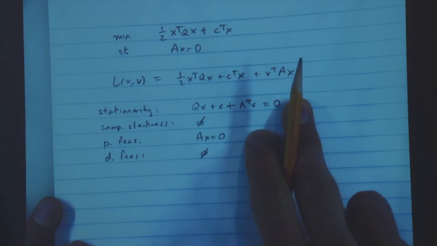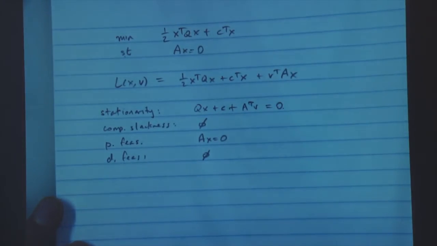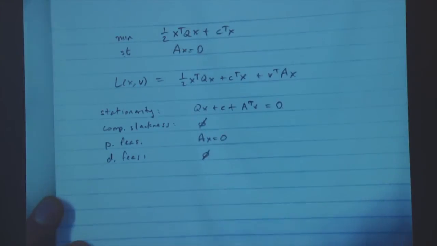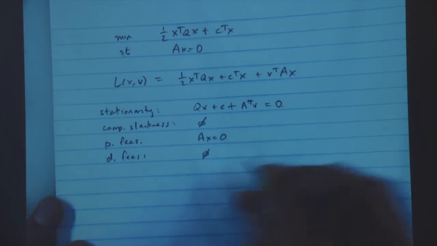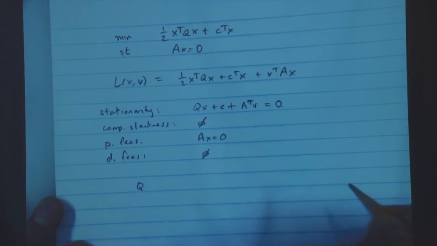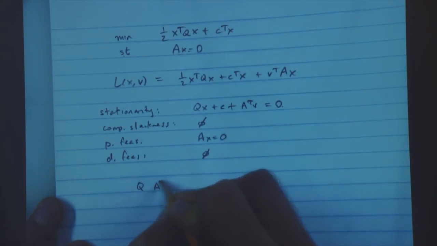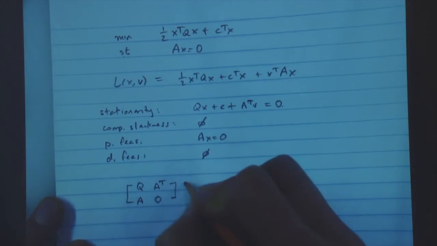If we can find an x and a v that satisfies these two conditions, then we have minimized this problem. So let's put them together. We can actually write them in a more succinct form by writing them as follows.